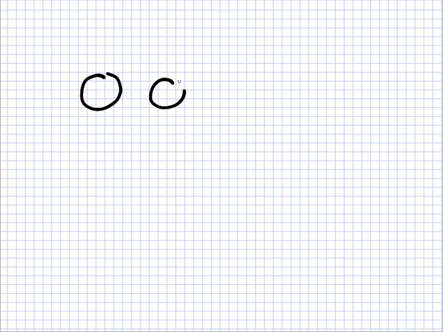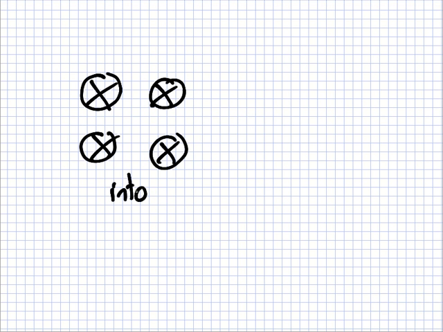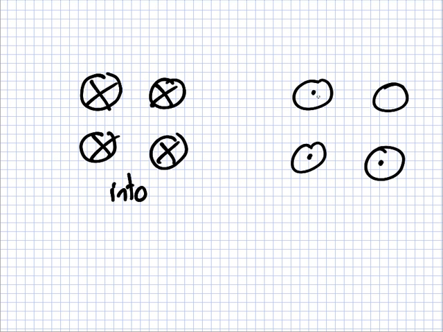If I draw circles like this, this means into the page. And if I draw circles like this, this means out of the page. So here, this one is going in, and this one is coming out.